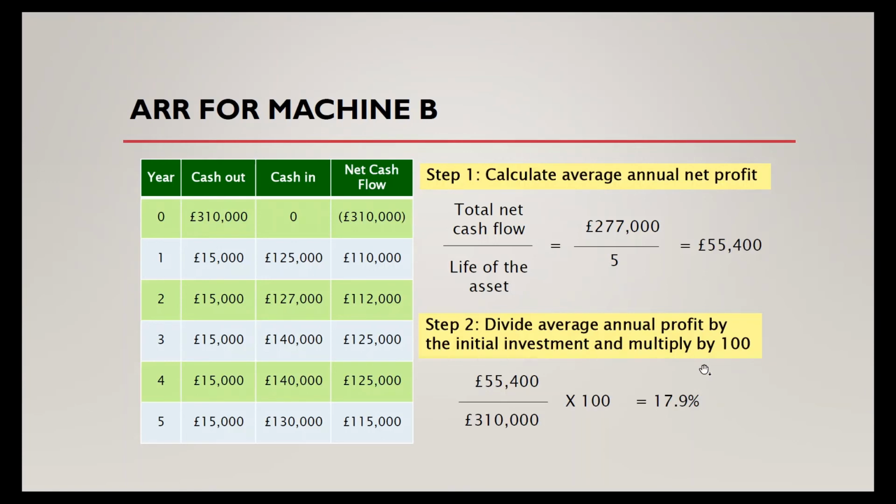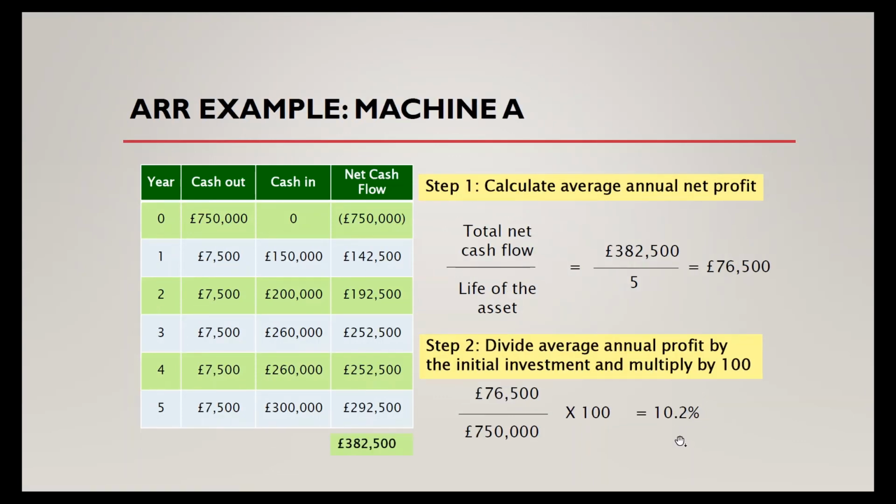In this case, the average annual profit is this 55.4 thousand, and then we have to divide this by the initial investment of 310,000 pounds. And then we multiply this by 100%, and this should give us an answer of 17.9% for machine B.